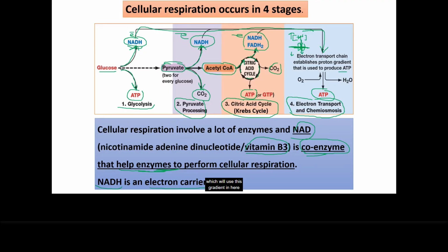And when these protons move from one side, from the area of high concentration of protons to the area of low concentration of protons, what will happen during this process is that more ATP molecules will be produced. From ADP and phosphorus, ATP molecules will be produced. So this is how this works.